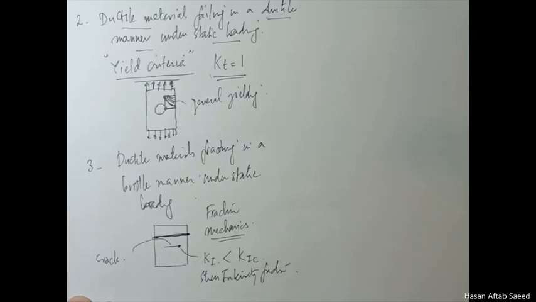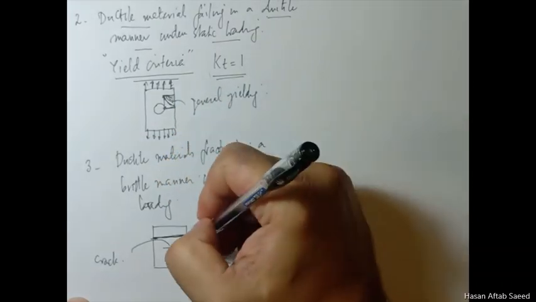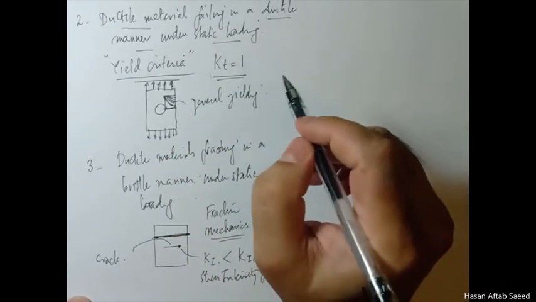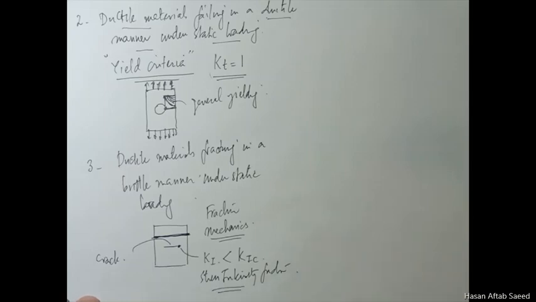The stress concentration factor always deals with situations where you have finite radii. If the radius is 0, then theoretically the stress is undefined or infinite. So we have successfully dealt with it using the stress intensity factor instead.